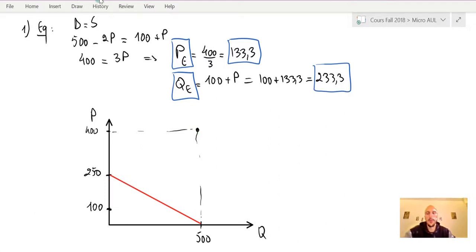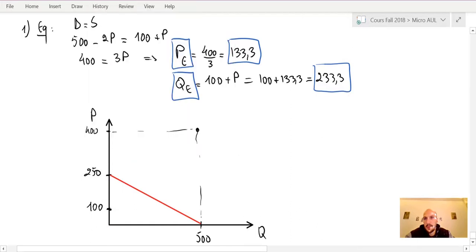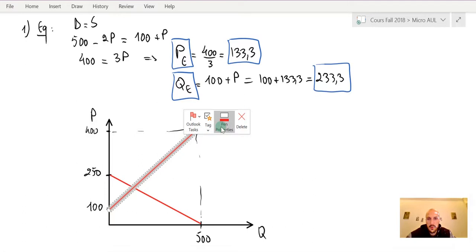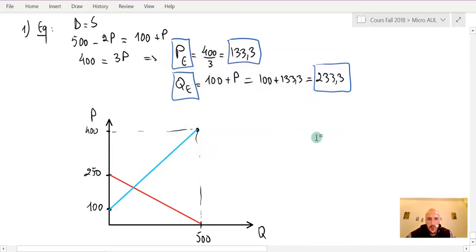Okay, so again we can plot the second curve that will show us the relationship between supply and demand. I want to change the color of this one to blue. Okay, great.